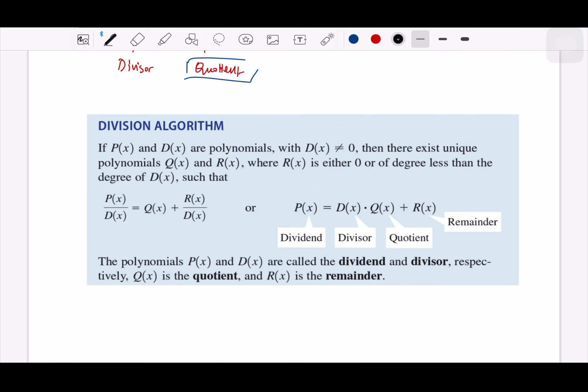We could write down q of x and r of x, which is the remainder, and q is the quotient. So we could write q of x plus r over d, or we could write p of x equals d of x multiplied by q of x plus r of x. As long as you know the structure, it should be okay.